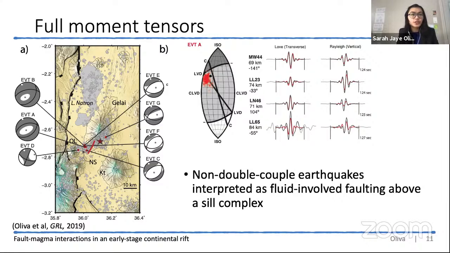That was only 2013 to 2014, actually a little less than 2 years that we had data available in this region. And we wanted to know if maybe these earthquakes were somehow related to the 2007 earthquakes when the diking occurred.